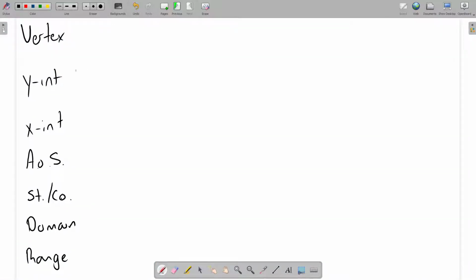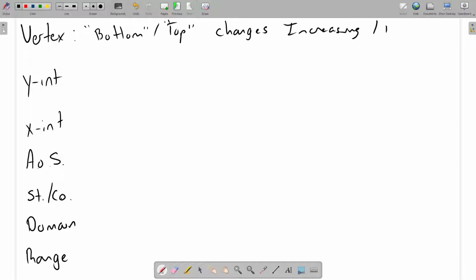So to recap, we have the vertex. This is the bottom or the top of the parabola. It's where it changes from increasing to decreasing, or vice versa, from decreasing to increasing. The vertex is probably the most important point on the entire parabola.